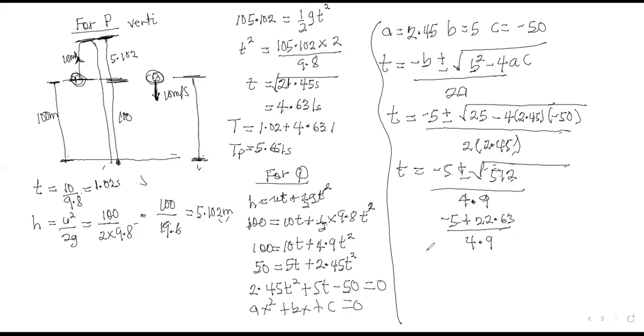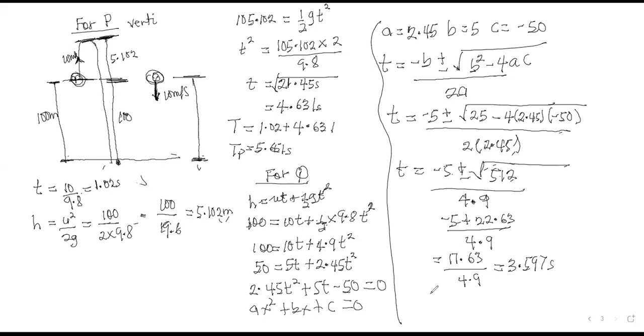Deal with the numerator: minus 5 is 17.63, all divided by 4.9, and our answer is equal to 3.597 seconds.